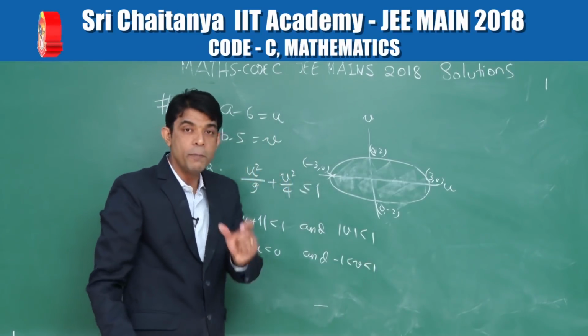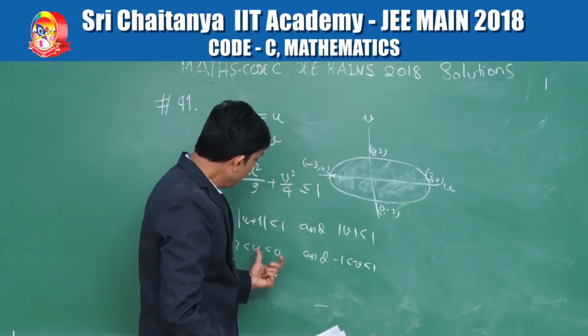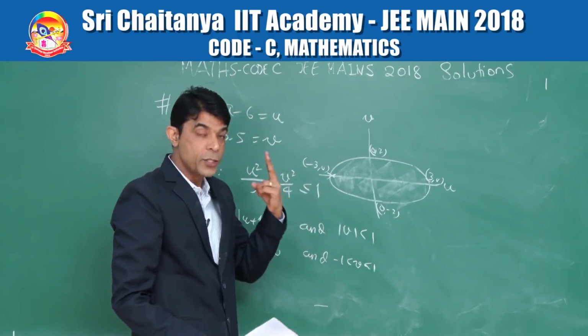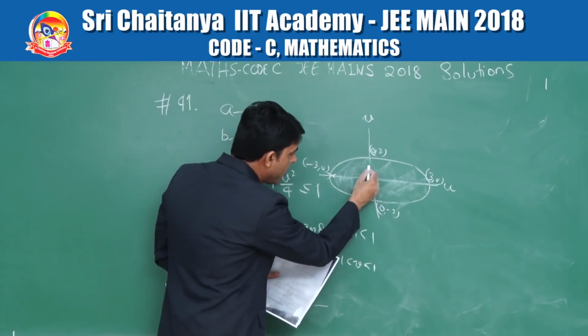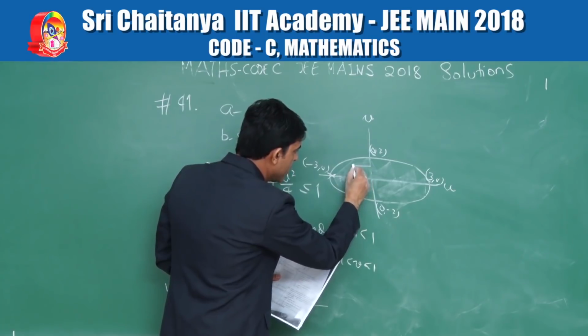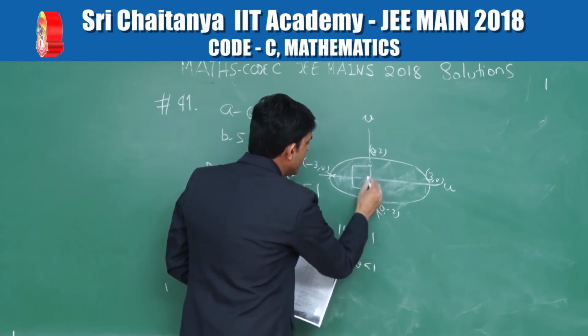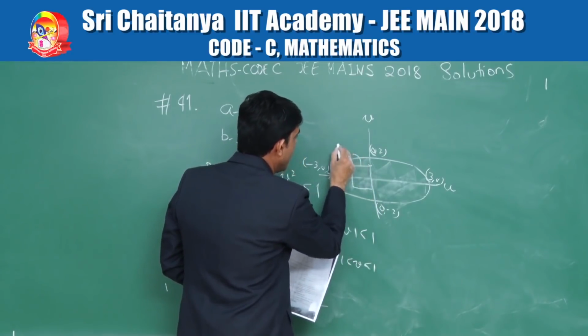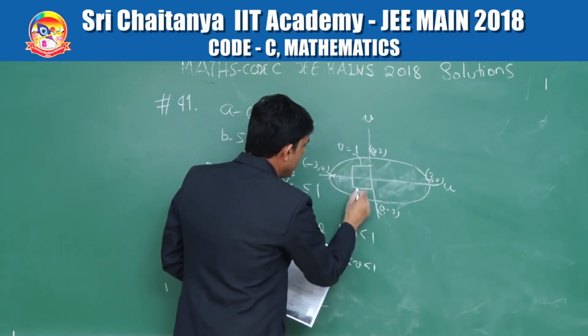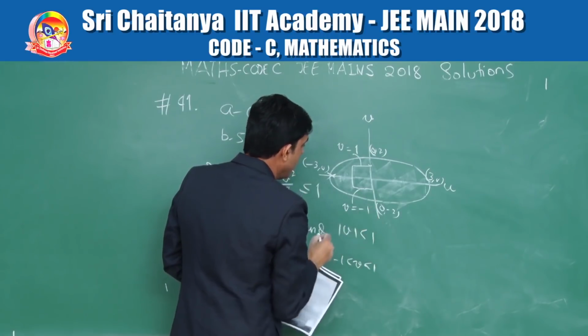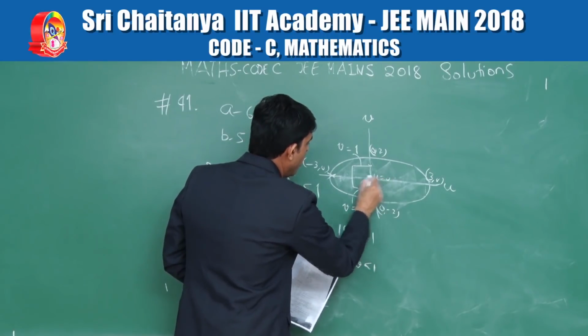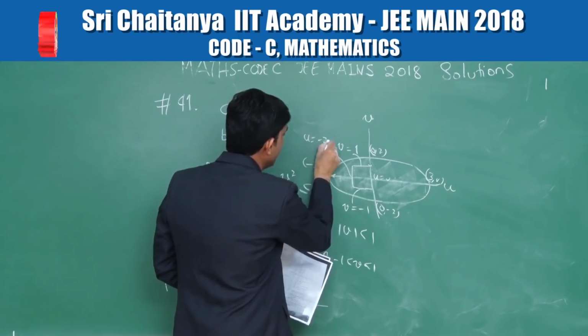So in the UV plane, that happens to be a square of side length 2, and we can plot it like this: this line is V equal to 1, that is V equal to minus 1, and this is U equal to 0, and that's U equal to minus 2.